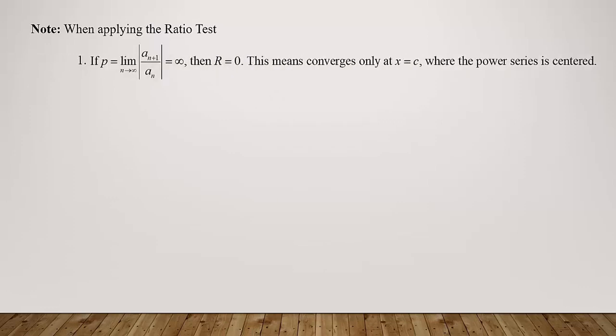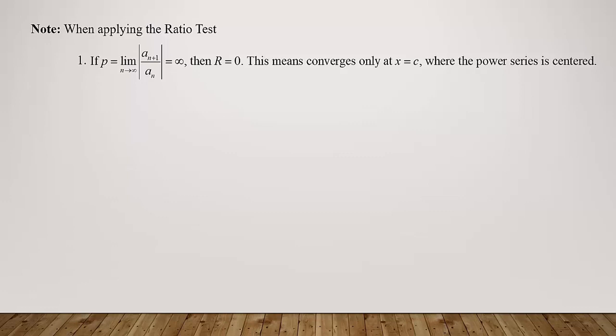I have a final note here. When you apply the ratio test, if you get P, that limit, to equal infinity, that means the radius of convergence is 0. Well, folks, if the radius of convergence is 0, that means the power series converges only at a single value.